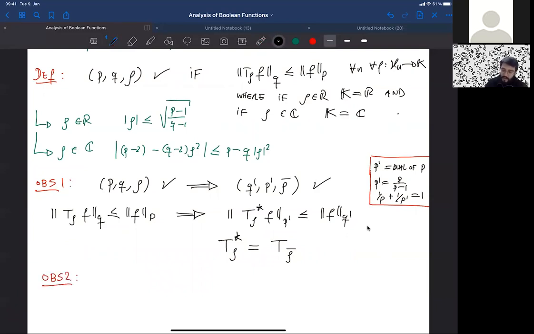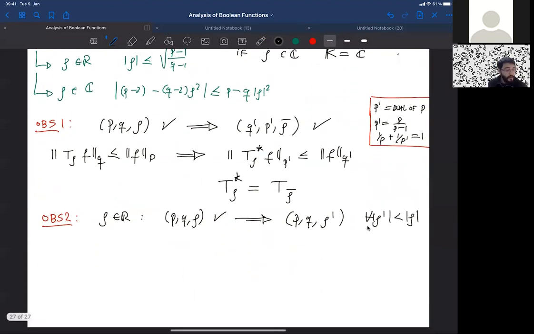The second observation I want to make is for the case ρ real. If (p, q, ρ) works, then definitely (p, q, ρ′) works for all ρ′ with modulus less than the modulus of ρ. And why is that the case? It's easy, because suppose I want to show that this works.